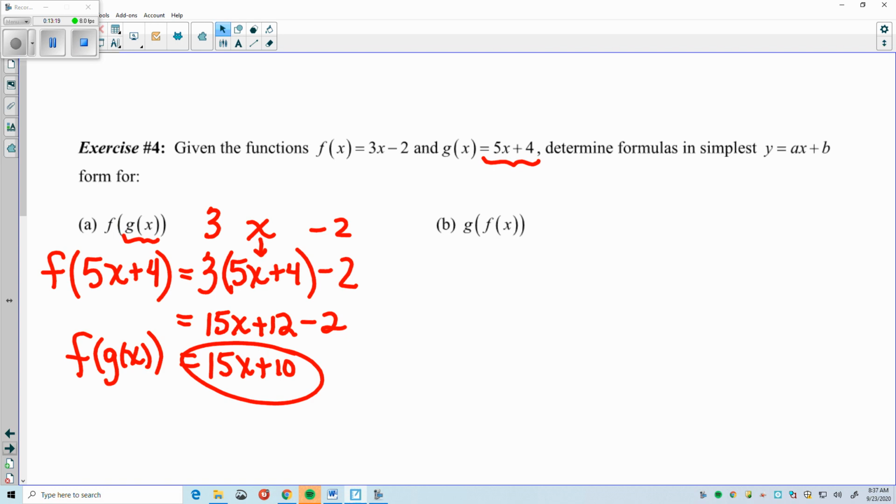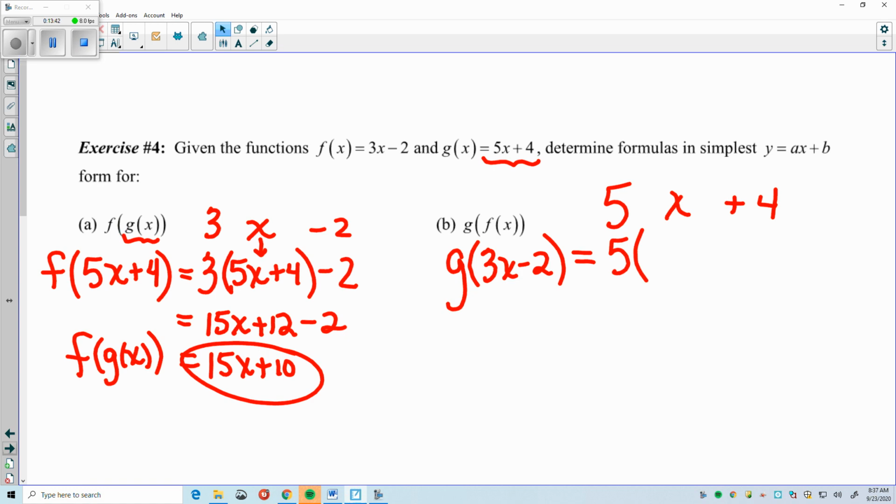Okay, try our next one. Next one is just going backwards. So this is saying in the g function, anywhere I see an x, I'm going to replace it with the f function. So I'm going to plug in 3x minus 2. Okay, so in my g function, I have the function is 5x plus 4. So I have 5.